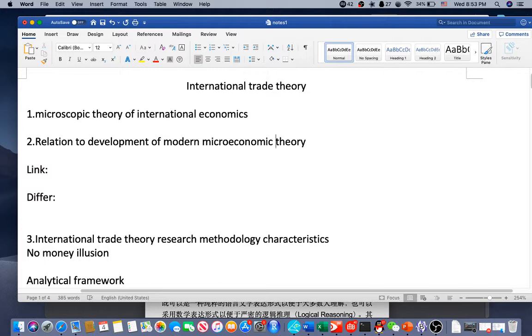The link between those two is the price mechanism, that is, the allocation of resources in one economy versus two economies. They differ in factor mobility and the rationality assumption. National trade improves the social welfare of involved parties, but international trade may not, because in real life international trade is politicized, such as the current trade war between China and the US.